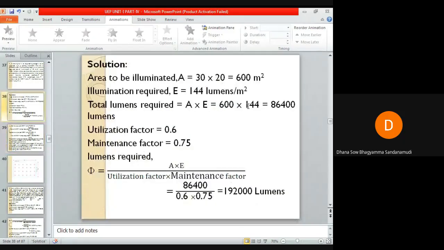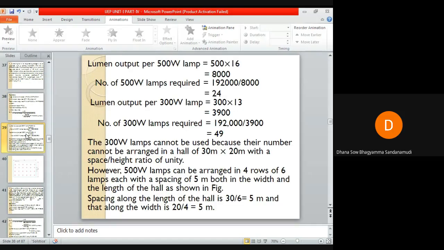Lumens required you have already calculated, that is 192,000. So 192,000 by 8,000, you will get 24.